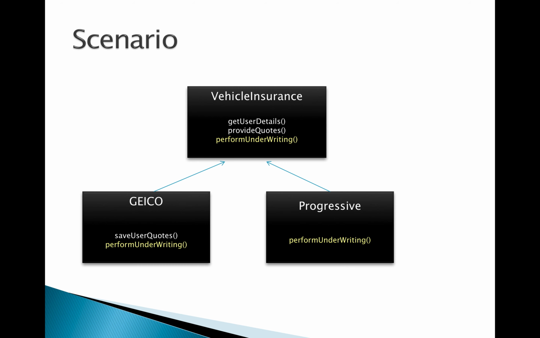It can insist that it has to do it, but it will not provide the implementation. It will just say that you have to do it, but it will not provide the implementation. That is called abstract. So we just say that underwriting has to be performed.